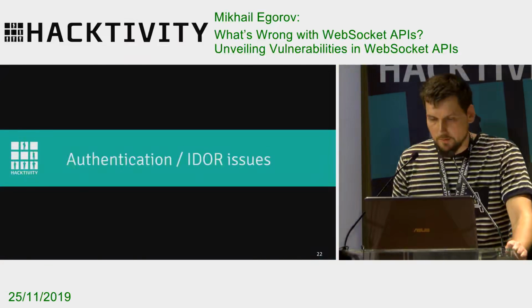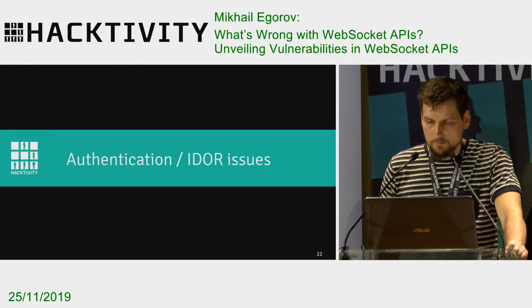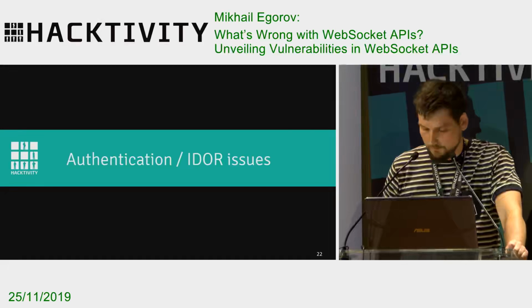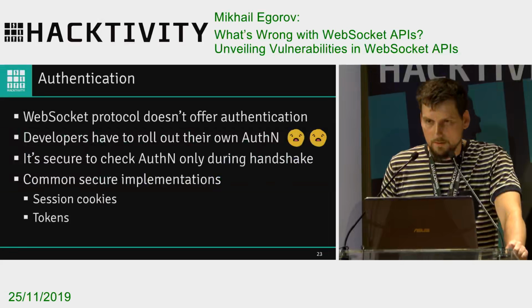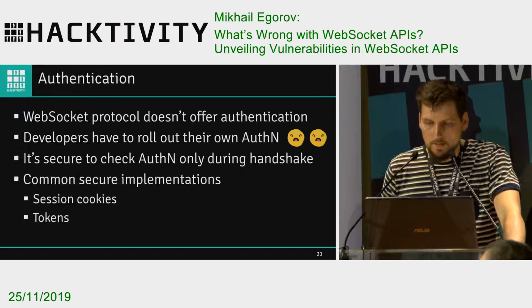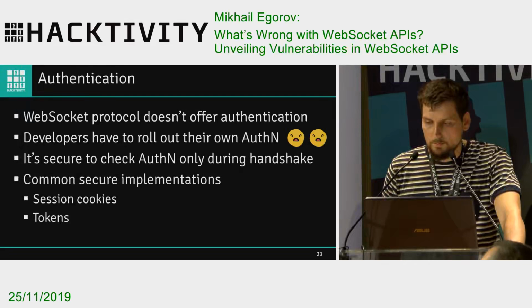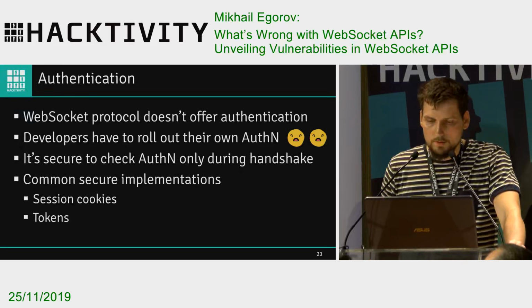Let's switch to authentication related issues and insecure direct object reference vulnerabilities. As we know, WebSocket protocol does not offer any authentication mechanisms, and developers have to implement authentication on their own, and sometimes they forget to implement authentication at all, or roll out broken implementations.